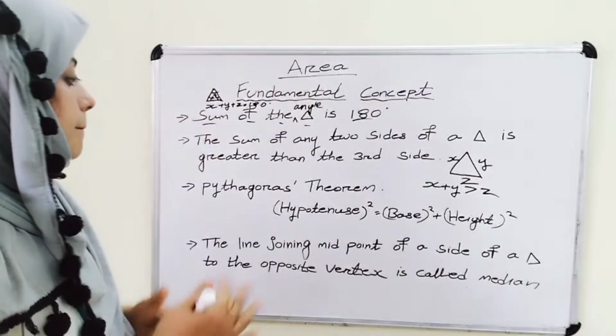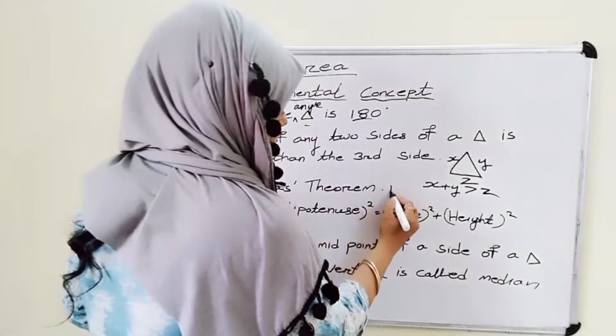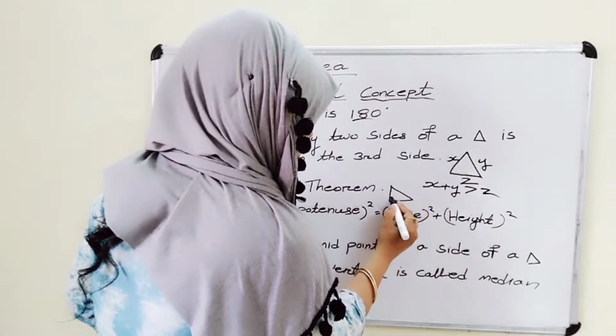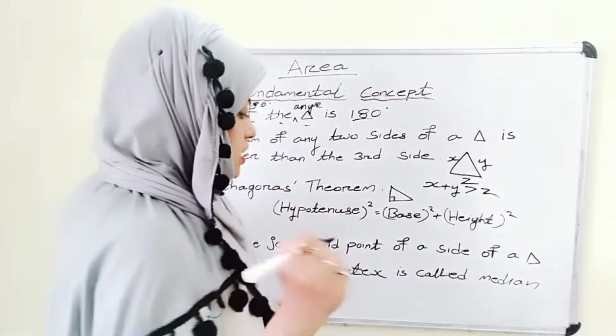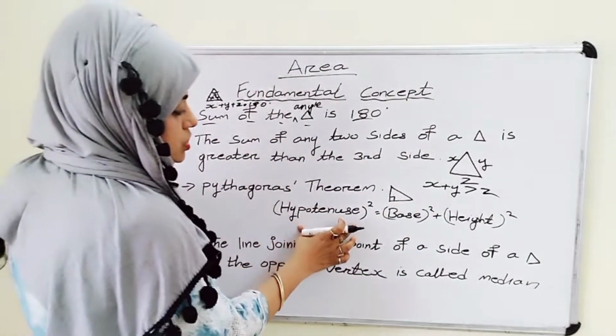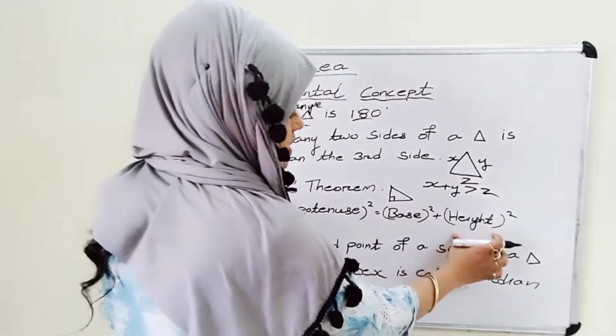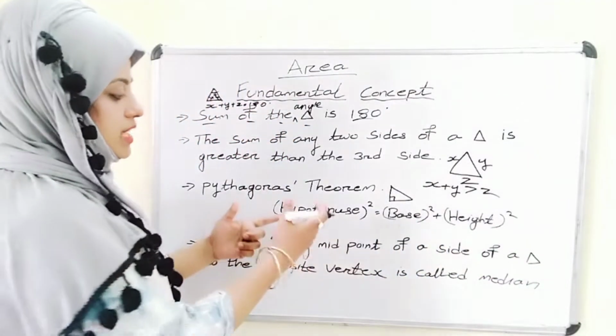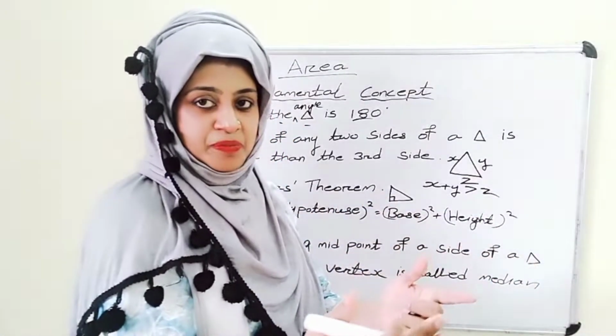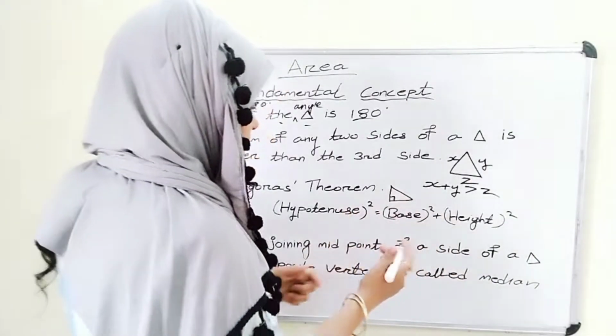Pythagoras theorem is applied in a right angle triangle, which means one angle must be 90 degrees. The theorem says hypotenuse square equals base square plus height square. So what is the hypotenuse, what is the base, what is the height?